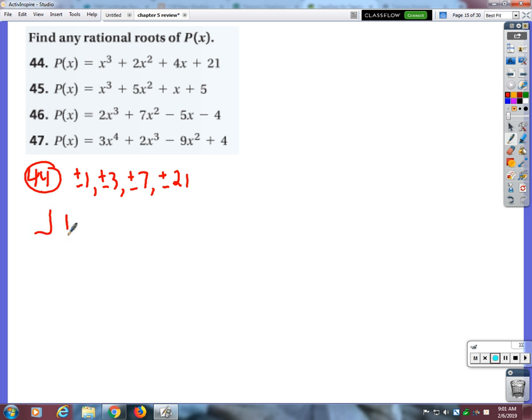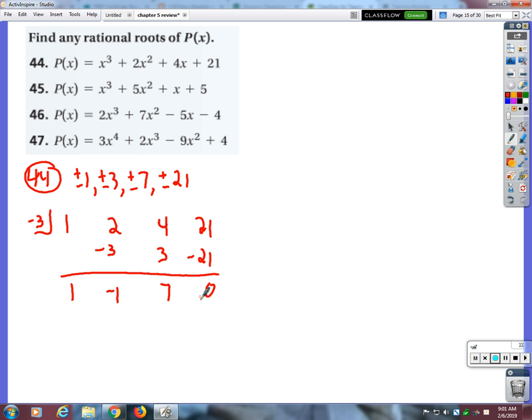All right, which one do you want to try? I go with no, because you know it's got to be negative, right? Because all these are positive. Okay, so let's try negative 3. So 1, negative 3, negative 1, 3, 7, negative 21. Bam, nice job.